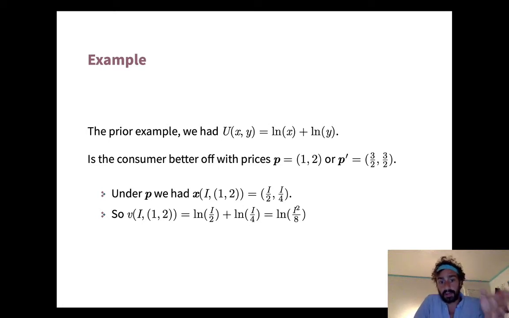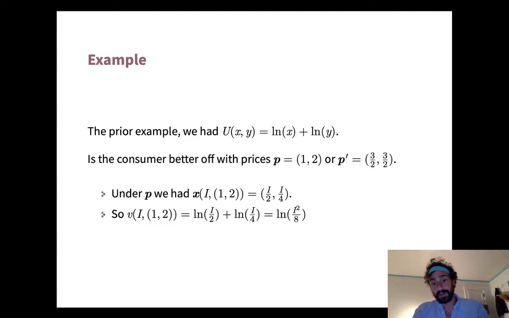So log of I/2 plus log of I/4. If you remember your logarithms, if you're adding logarithms, you're multiplying the interiors, so you get the log of I squared over 8.